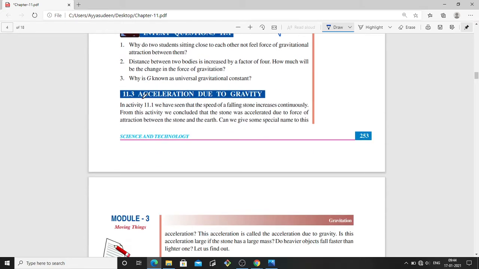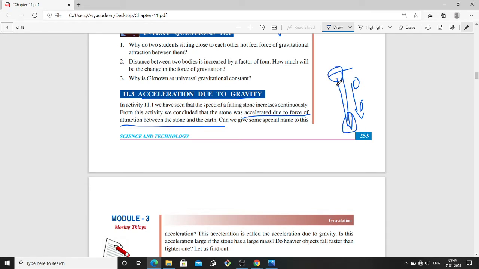The next topic is acceleration due to gravity. We have seen that the speed of a falling stone increases continuously. This is because when the stone comes down, it is accelerated due to the force of attraction between the stone and the earth.